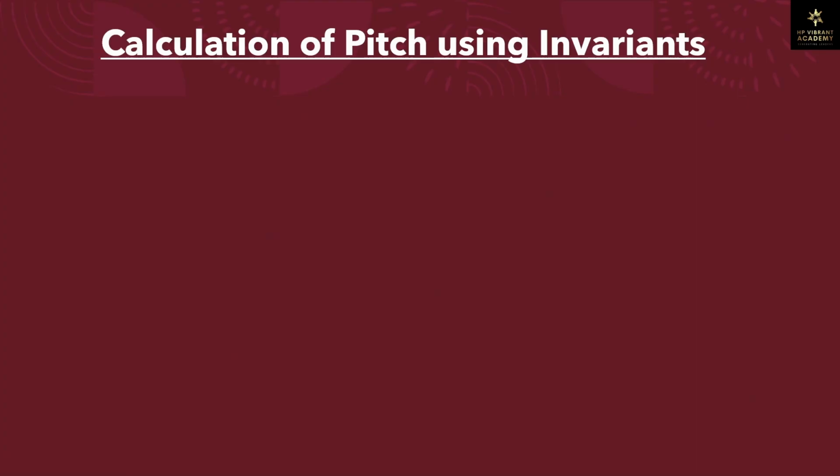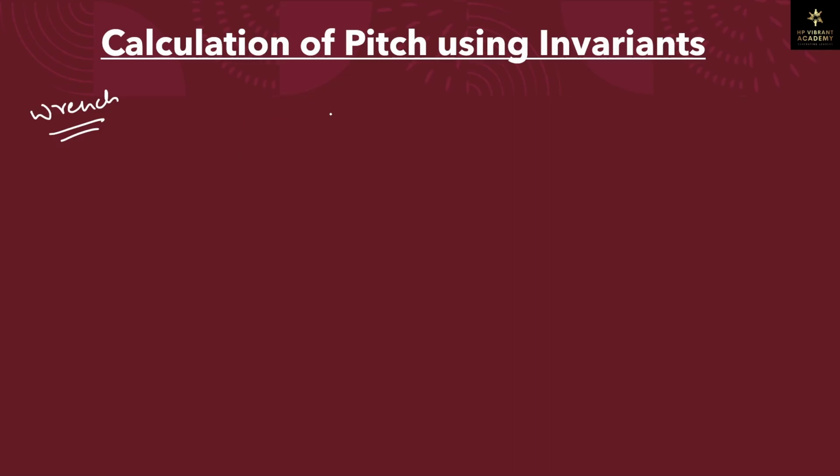Let us move further. The next topic is calculation of pitch using invariants. So what is the pitch? Let us recall our discussion on the wrench. We have studied that a wrench is a situation where the system of all 3D forces leads to a single resultant force which is exactly parallel to the axis of moment.